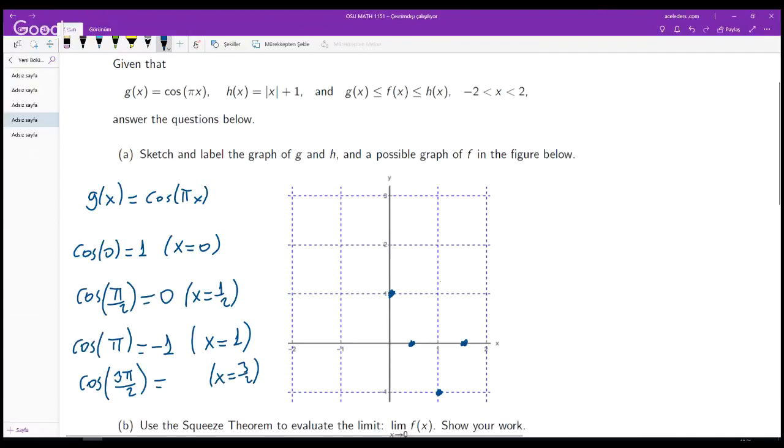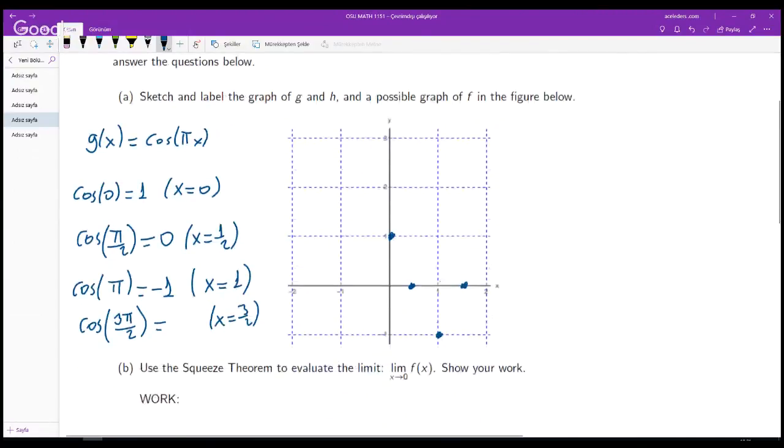This is the next point. And the last one is cosine 2π, which is 1, which we have when x is 2. Okay, so I will draw a cosine function like this.